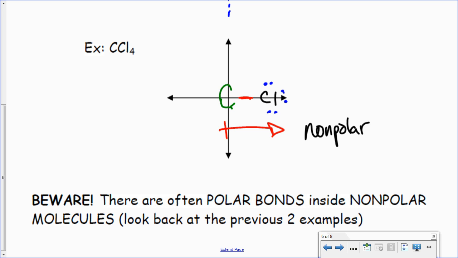But since there are other chlorines balancing out the one that we have there, the whole molecule is, in fact, symmetrical. So even though the bond within the molecule might be polar, the entire molecule itself is nonpolar.